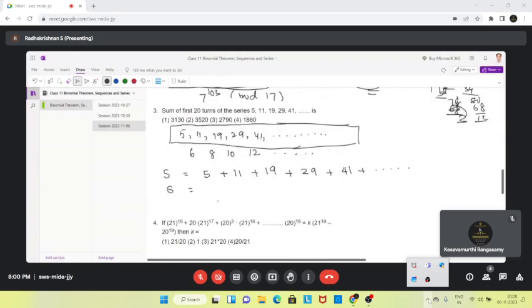Okay. So you simply write S once again like this. This is up to 20 terms, right? So what is the 20th term? So that we can calculate, right? Let's say T20, okay? 5 plus 11 plus 19, 29 and so on.